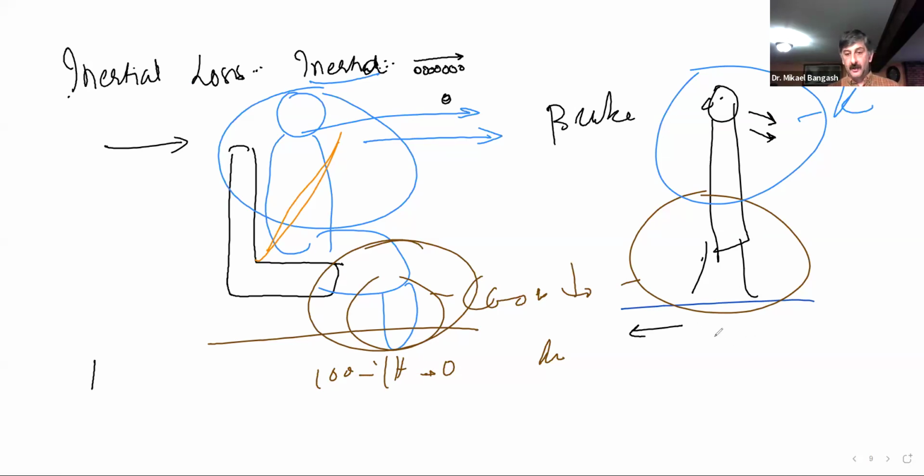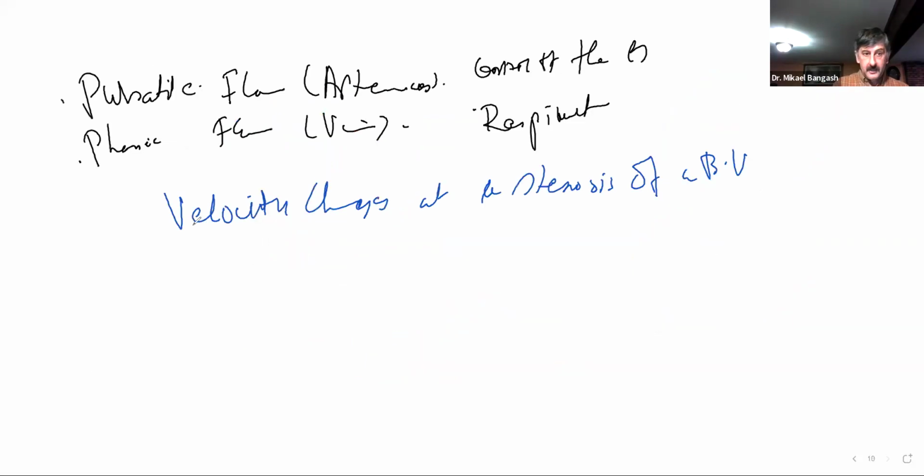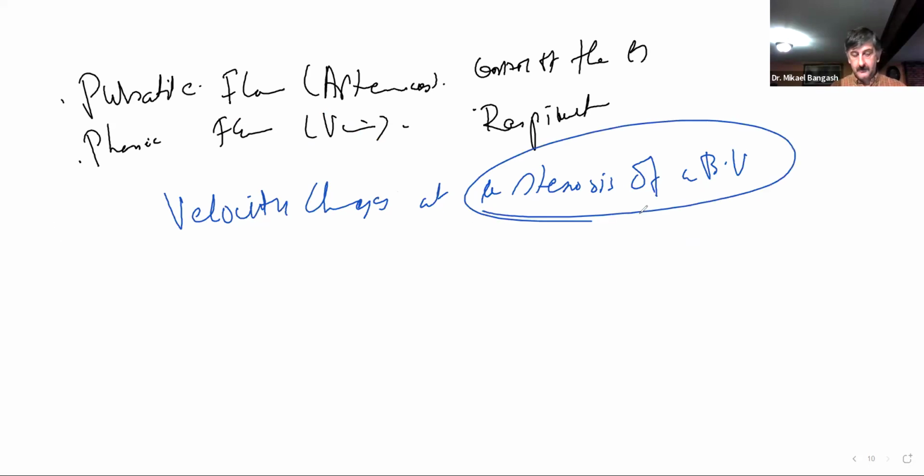Or in this case, from 0 miles to 100 miles per hour. In no time. So that was changes in the velocities. And we're going to have similar changes in velocities at the stenosis of a blood vessel.